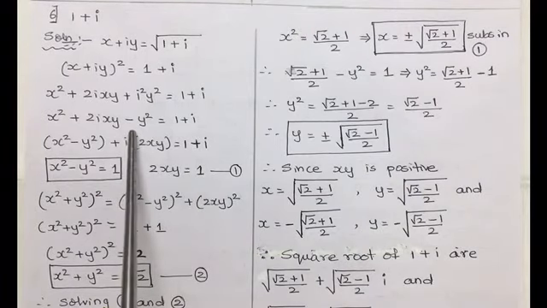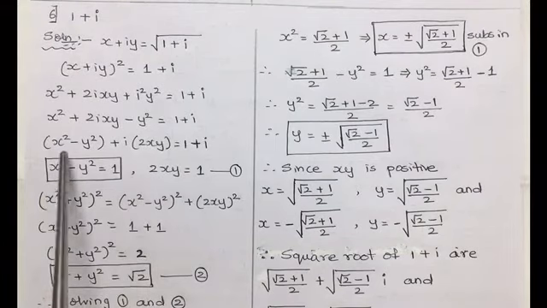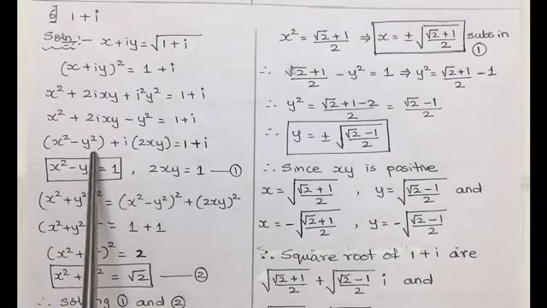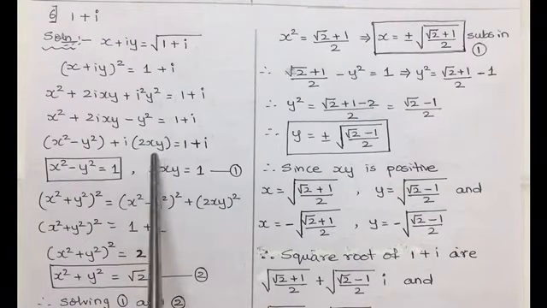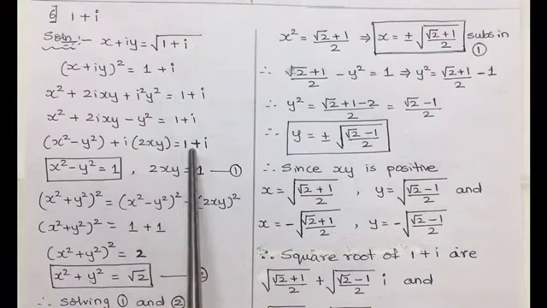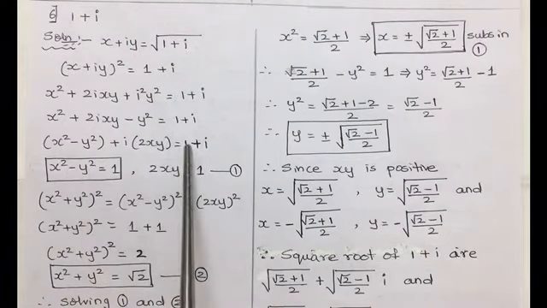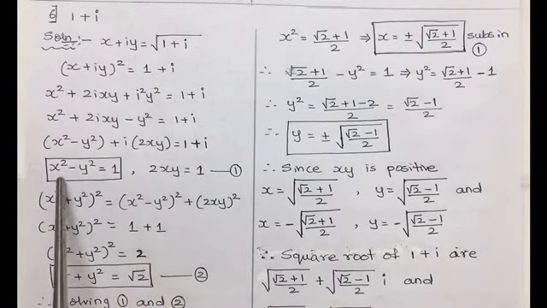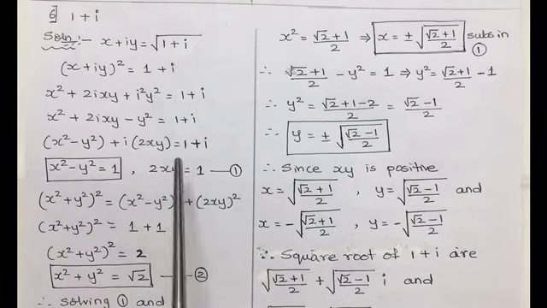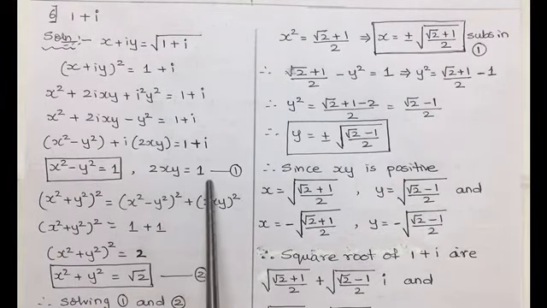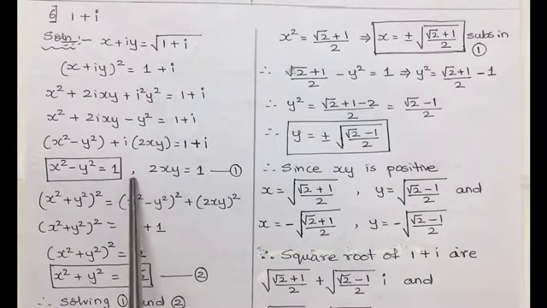Square value putting it as minus 1. Collecting the reals, we'll get x square minus y square as the real value and 2xy as the imaginary and RHS as 1 plus i. Comparing both the sides, we'll get x square minus y square is equal to 1 and 2xy will be equal to 1. This statement we mark as 1.